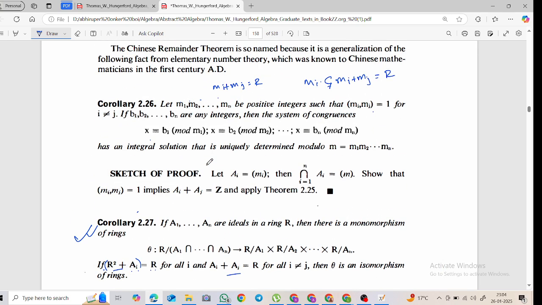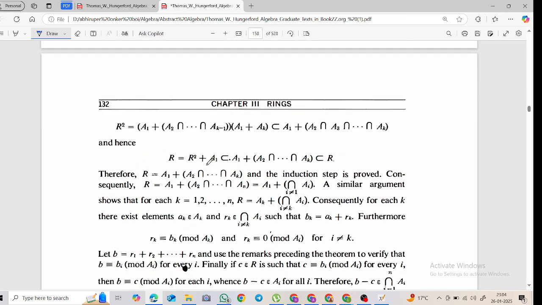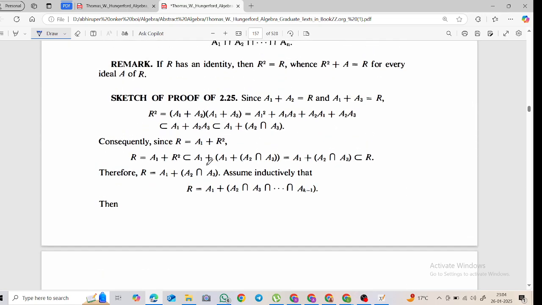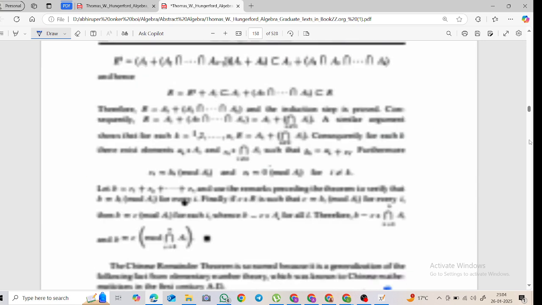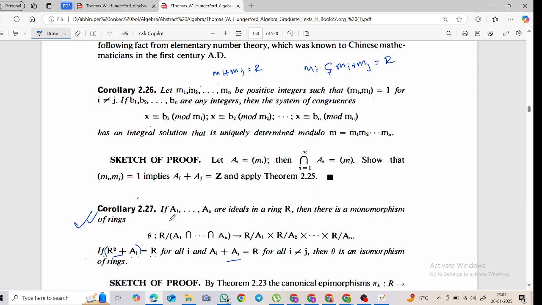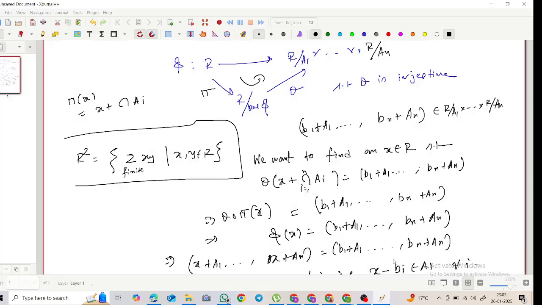From this theorem, you get the guarantee that such an x exists, because the conditions of 2.25 are satisfied in 2.27 as well by the ideals here. Okay, so the map is surjective.